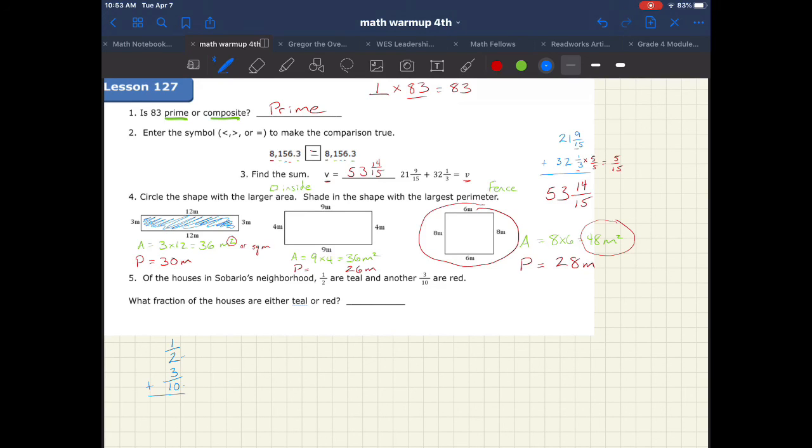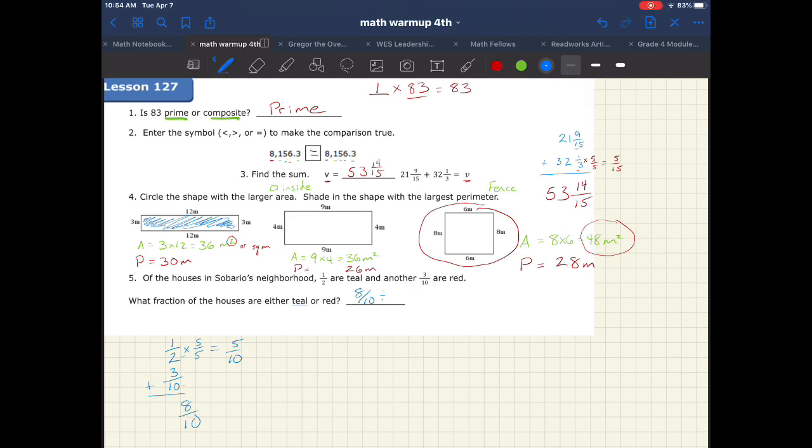And I know I can make a 2 into a 10 by multiplying. So if I do 5 over 5, I can make this be 5 tenths. Now I can easily add the 5 tenths to the 3 tenths and get 8 tenths. So 8 tenths of the houses are either teal or red.